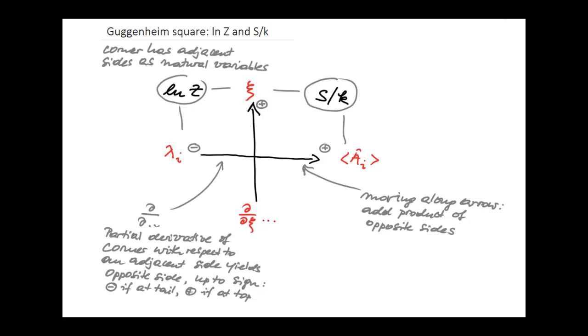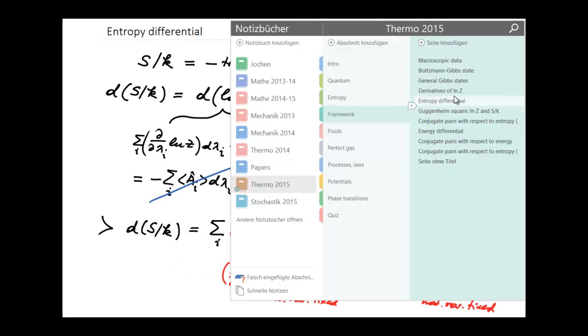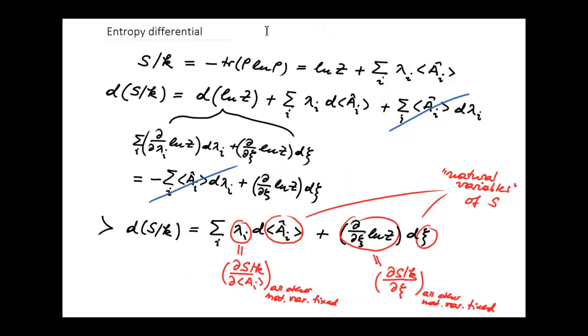And once again, and one last time, look at the previous page. Last row to the right, you see in red the partial derivative of S over K with respect to psi, keeping the other natural variables of entropy fixed, is the same as the partial derivative of the log of the partition function with respect to psi, keeping the natural variables of the partition function fixed.